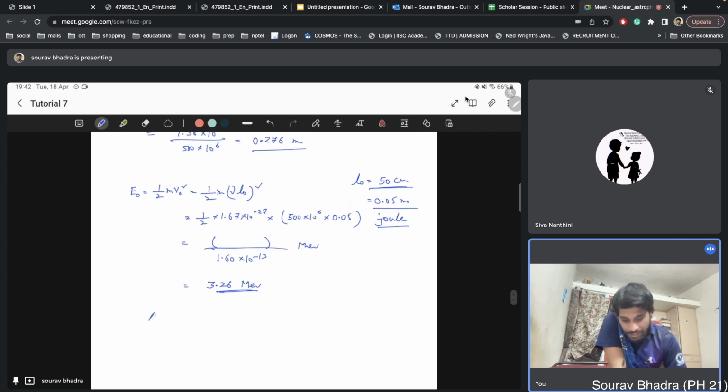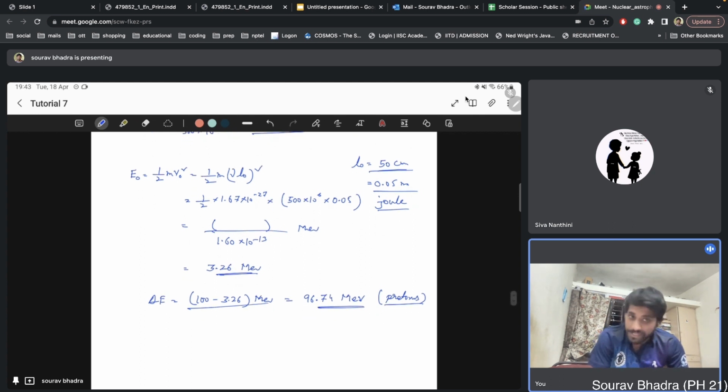So the energy gain you can calculate as 100 minus 3.26 MeV. That means the total energy minus the energy in the first tube. It comes to 96.74 MeV. So this is the net increase in energy for protons. Here the particle is a proton.